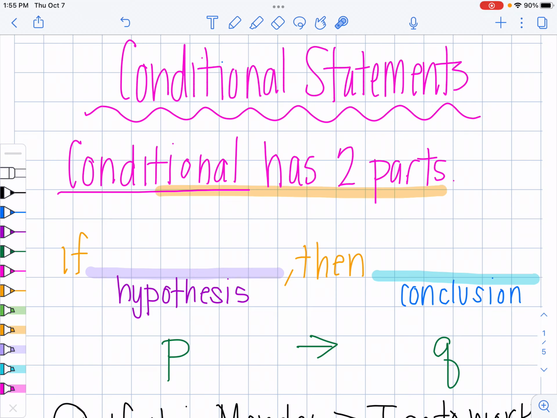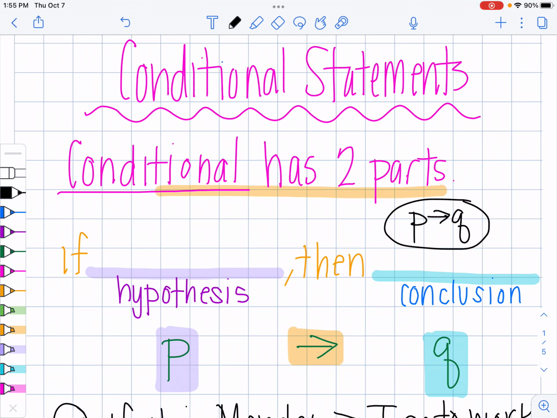We say that the hypothesis is written using the letter P, and the conclusion is written using the letter Q, and this arrow represents the word then. So if you see something that says P then Q, they're talking about a conditional statement. This really says, if P then Q, even though the if is not written.